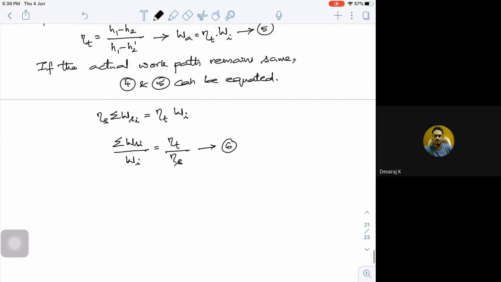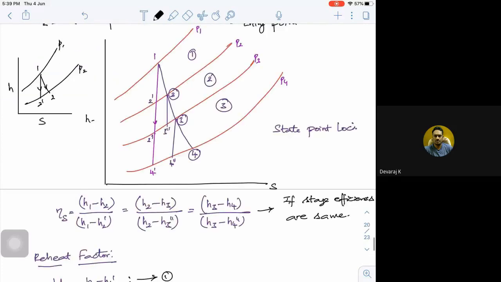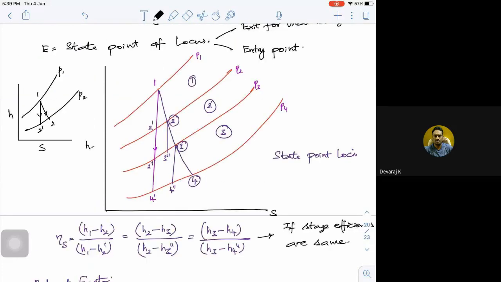so if I try to look into this HS diagram, all my pressure curves are diverging. As my pressure curves are diverging, if I try to add 1 to 2 dash, 2 to 3 dash, 3 double dash, 3 to 4 double dash, that means if I try to add the enthalpies H1 minus H2 dash plus H2 minus H3 double dash plus H3 minus H4 double dash.